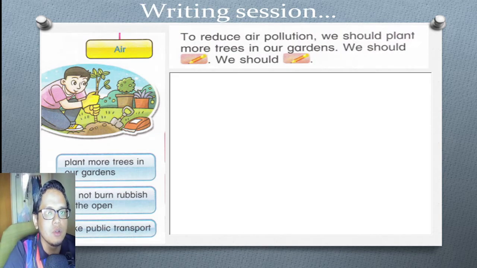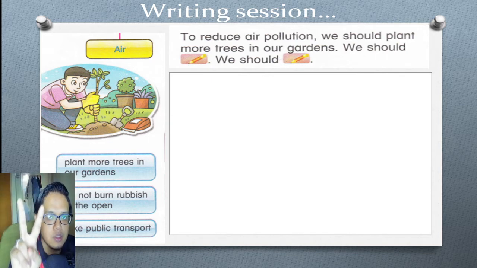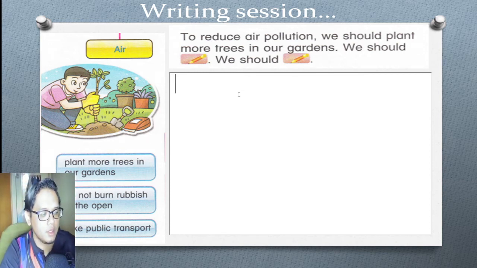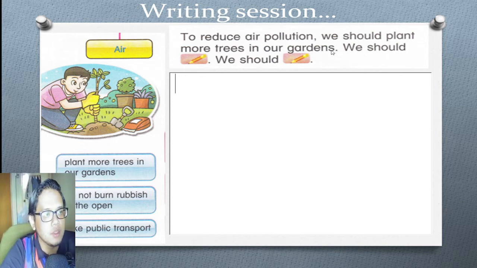Okay, so right now I will show you one more time. I want to use this one to write this one. We will just put inside. Remember, we use two phrases: we should not, we should not. Okay, so let's write. The first one is, I'm going to copy first.